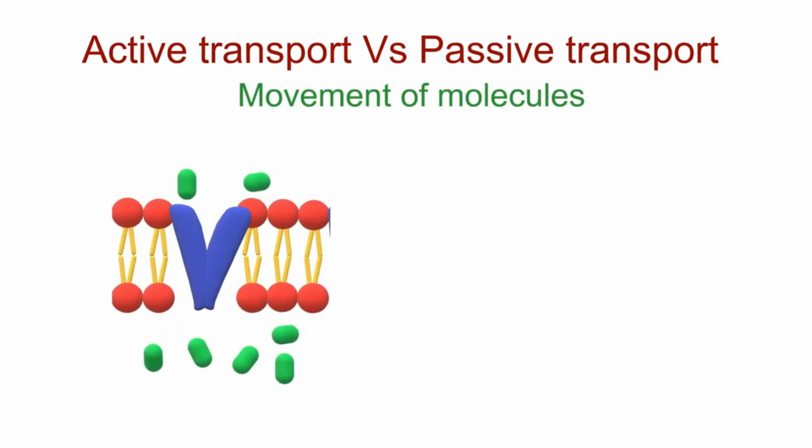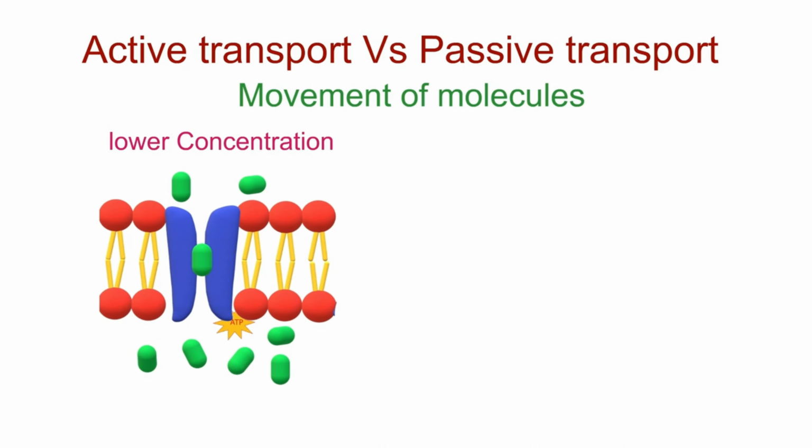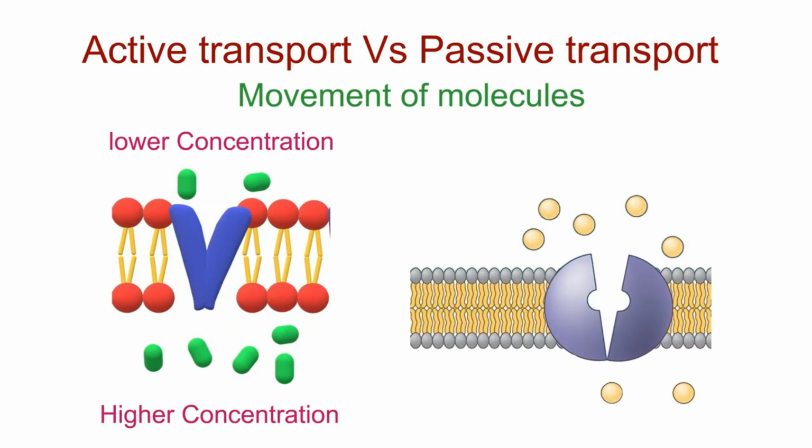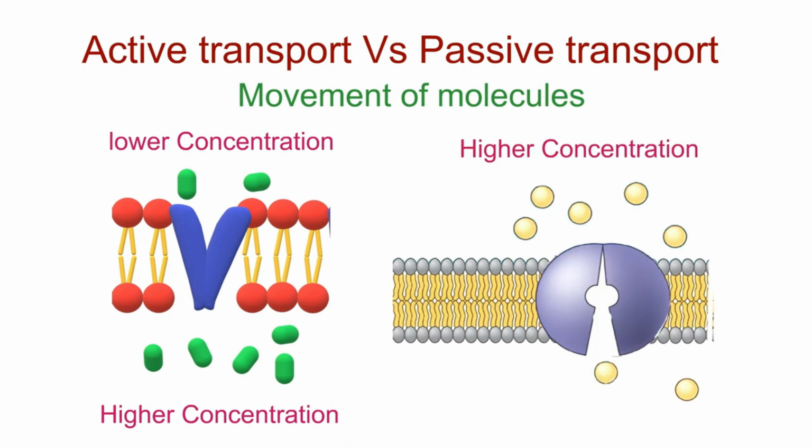Active transport moves molecules against their natural concentration gradient, from areas of lower concentration to areas of higher concentration, while passive transport lets molecules move with their natural concentration gradient from areas of higher concentration to areas of lower concentration.